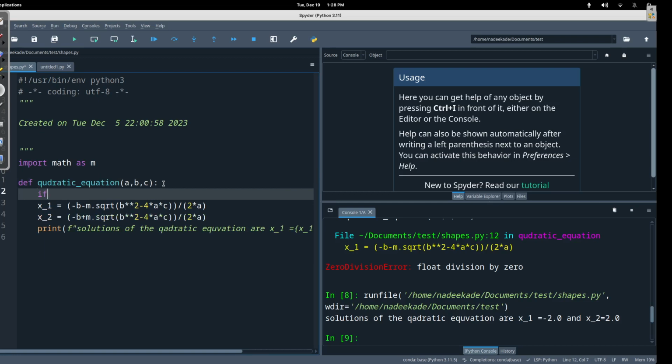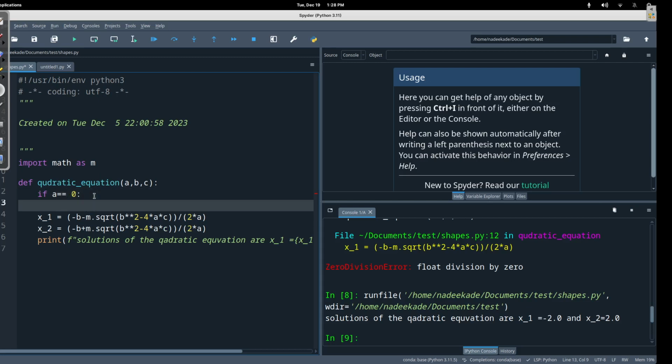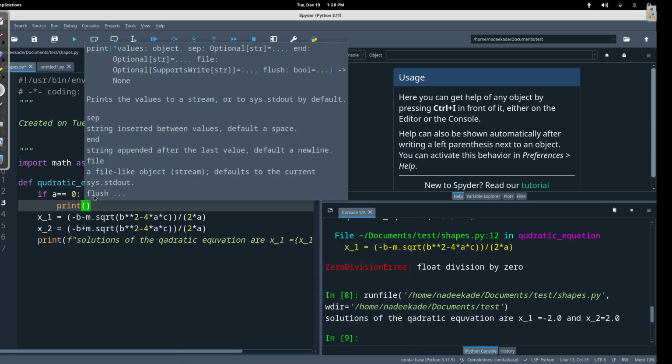So I will say if a is equal to zero, print not a quadratic equation. I am using double quotes because I am using a comma here, quote here.